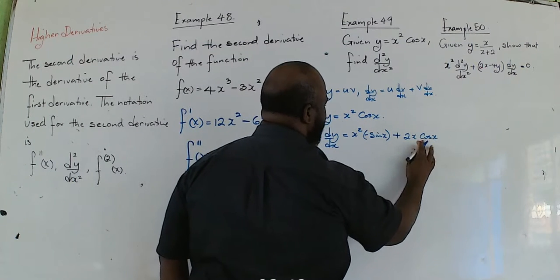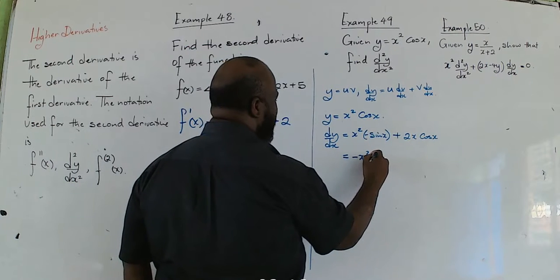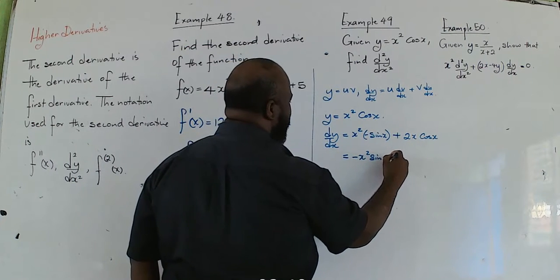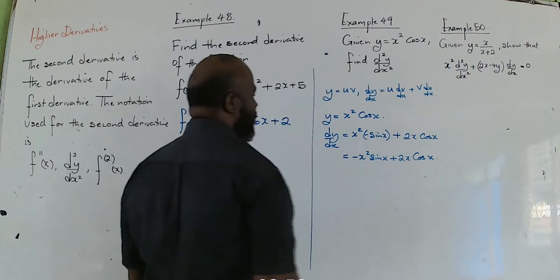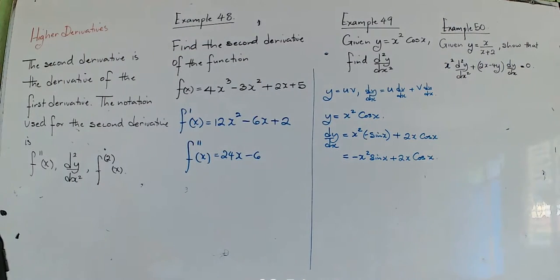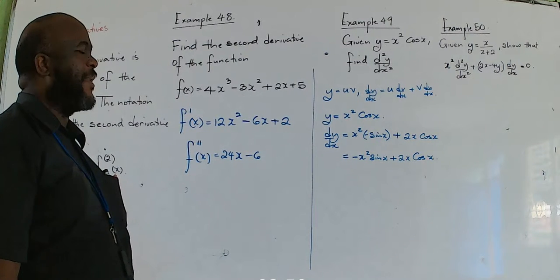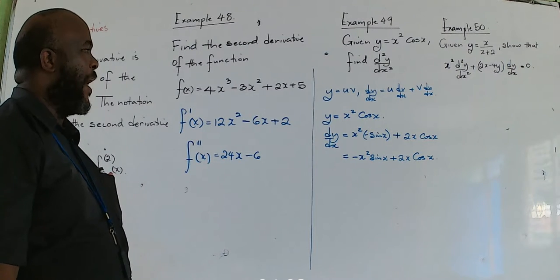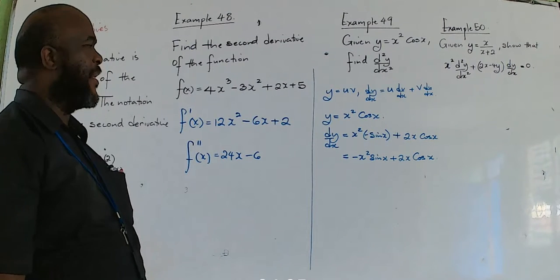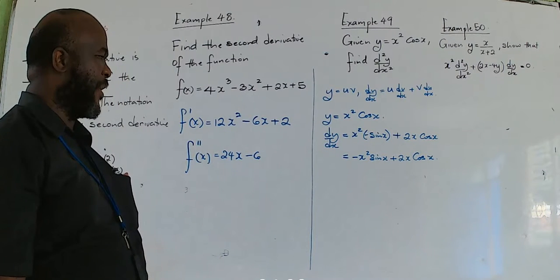Cosine x. So the first derivative is minus x squared sine x, plus 2x cosine x. That's the first derivative. Alright, but what we're asked to find is d2y by dx squared, which is the second derivative. And the second derivative is the derivative of the first derivative. So let's just differentiate again.